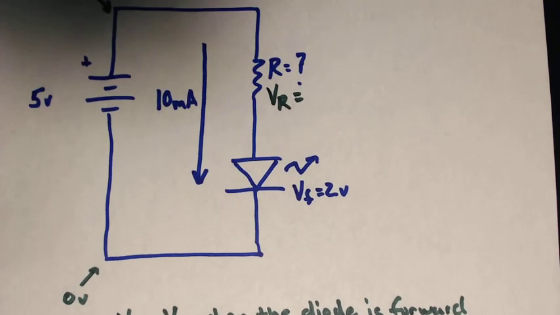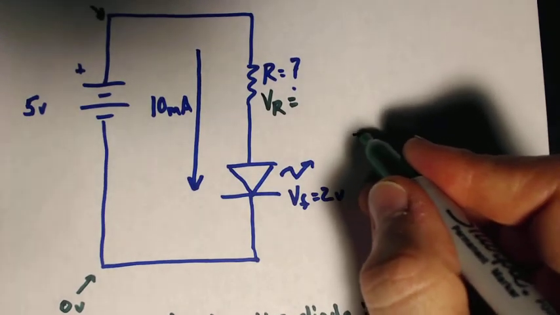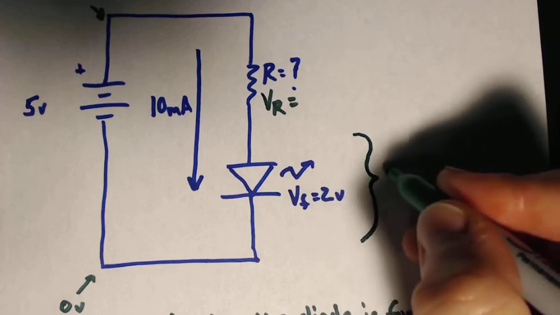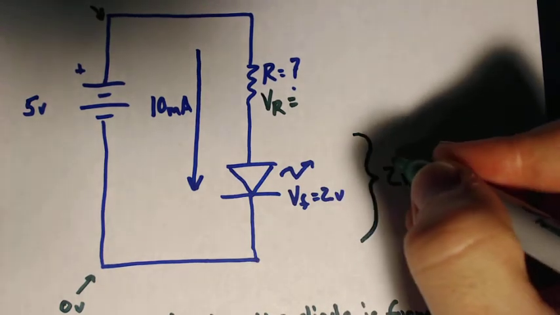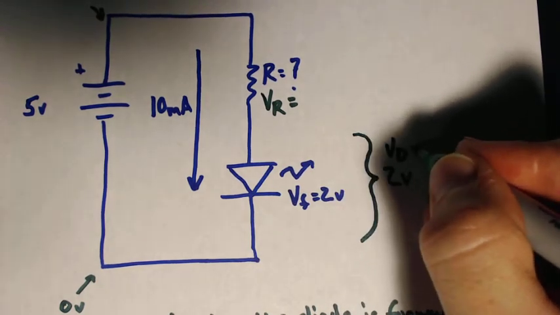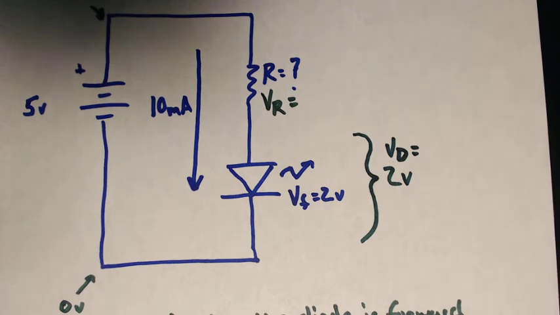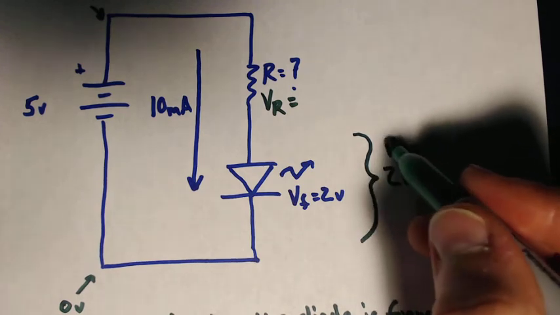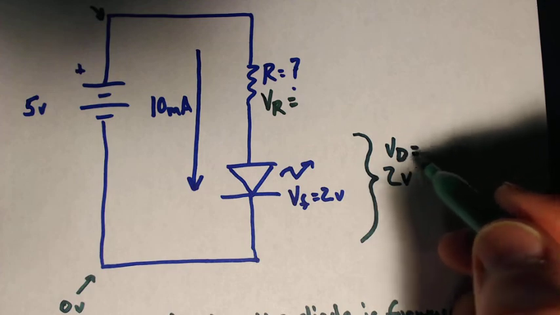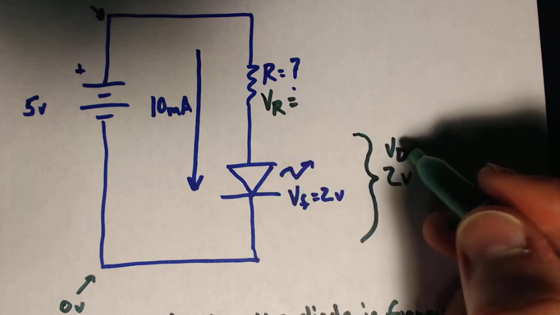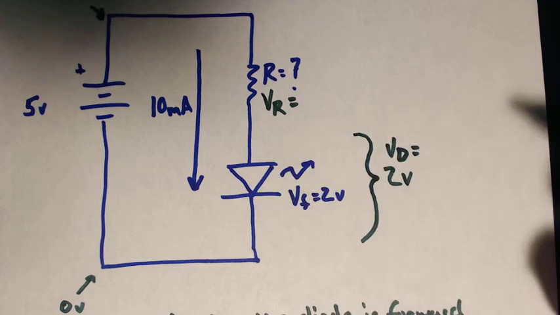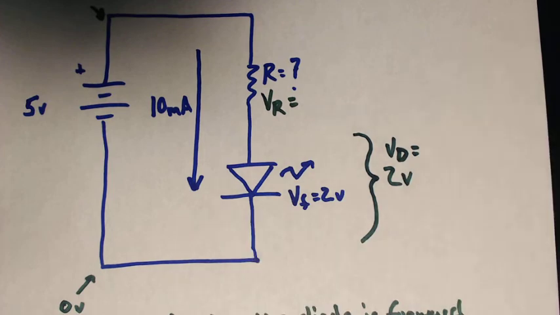So now we can go ahead and see that across here we have 2 volts. In fact, V sub D is equal to 2 volts. I'm using V sub D, where D refers to our diode. It is the voltage drop across the diode. Okay.